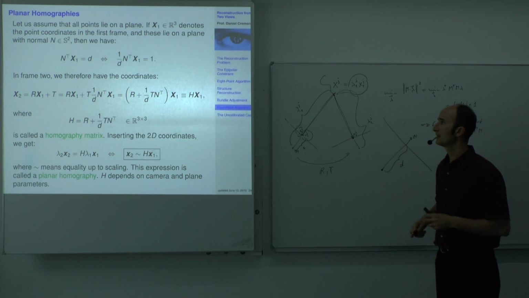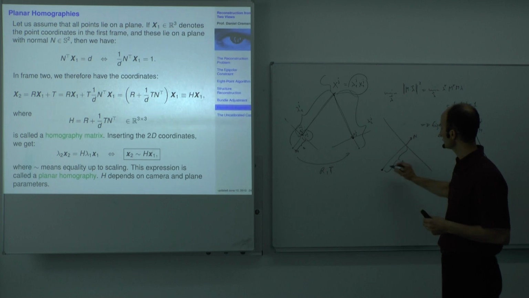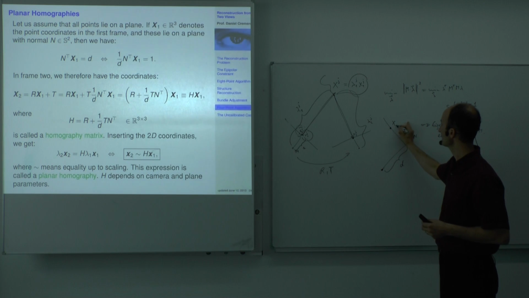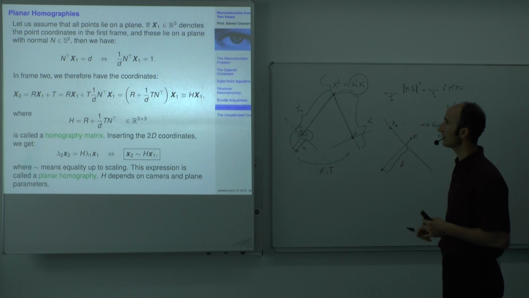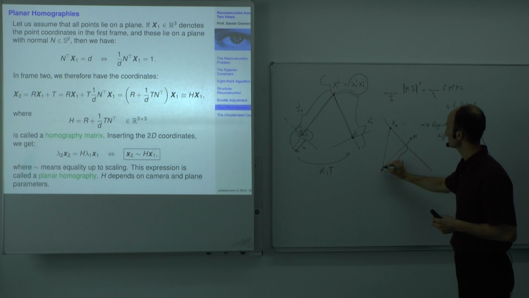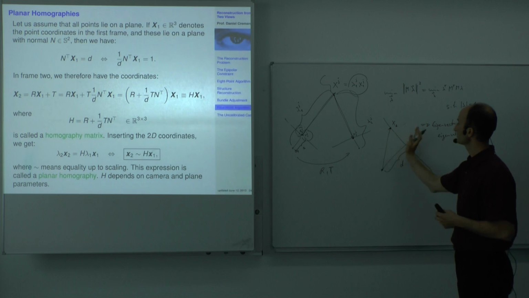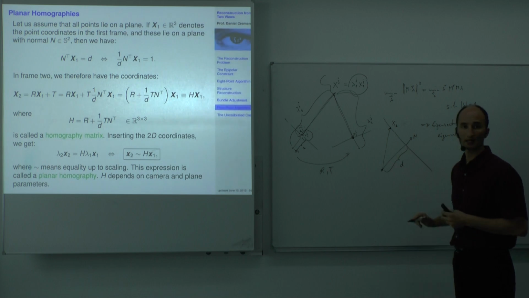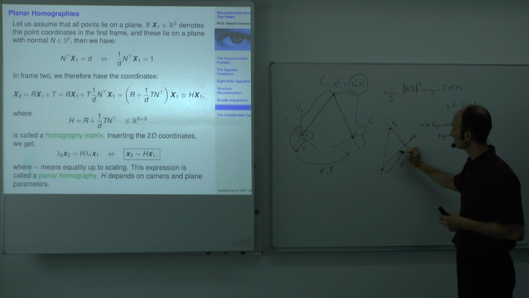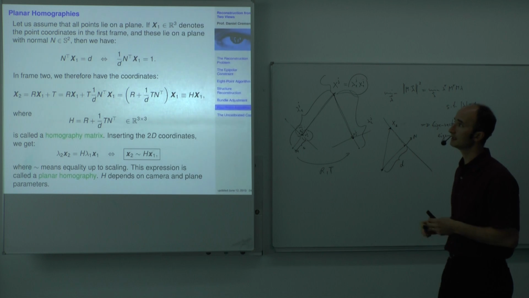Once I define the normal and the distance from the origin, that defines the plane. Then for every point on the plane, here called large x1, if I project that vector onto the normal vector, I get exactly d. So the component of x in the normal direction has length d.